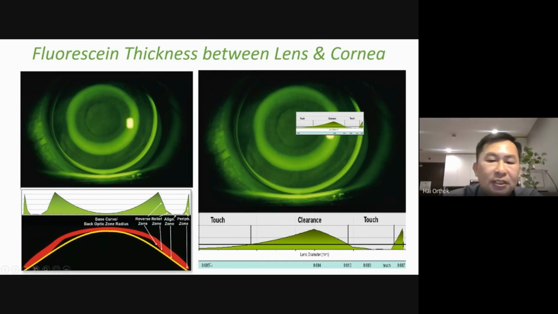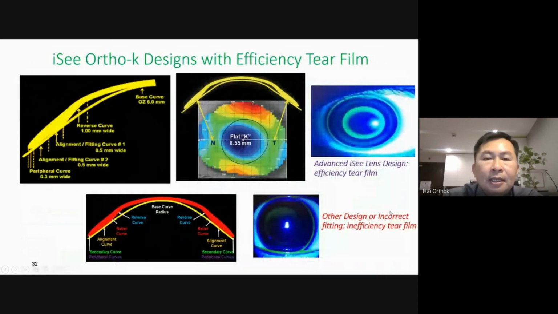And the ideal is not always that we have this number. Ideally, we should have about 5 micrometers of tear all over the lens. We should have a clearance area of about 85 micrometers, similar to the periphery of 85 micrometers of tear. So the above is a good fitting.